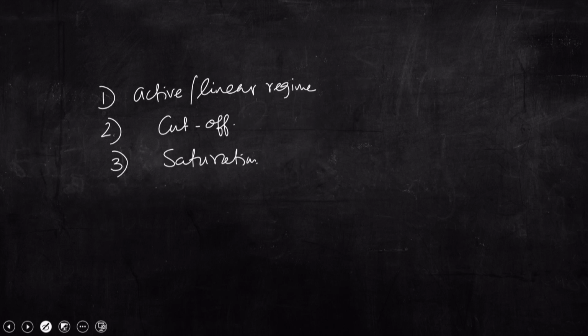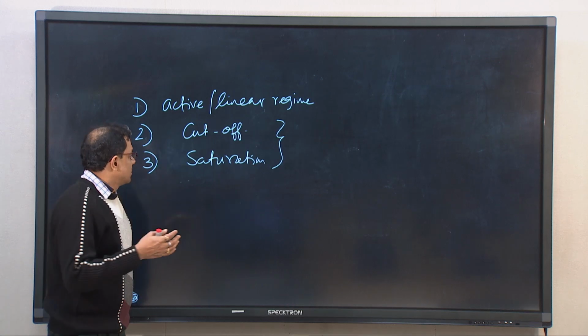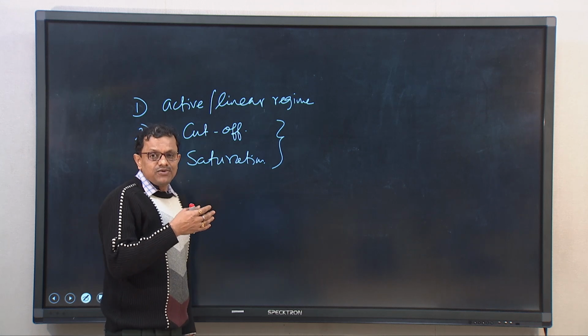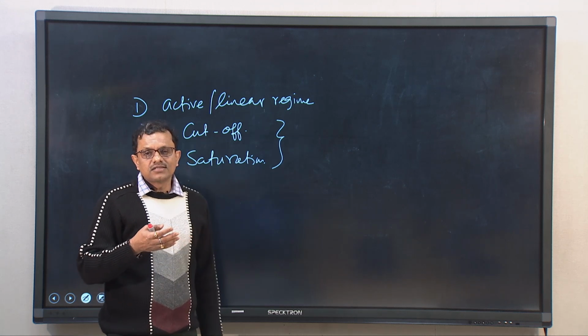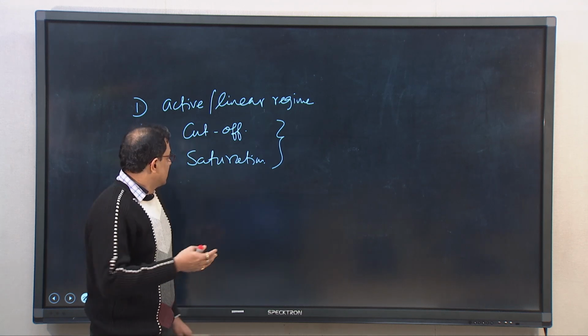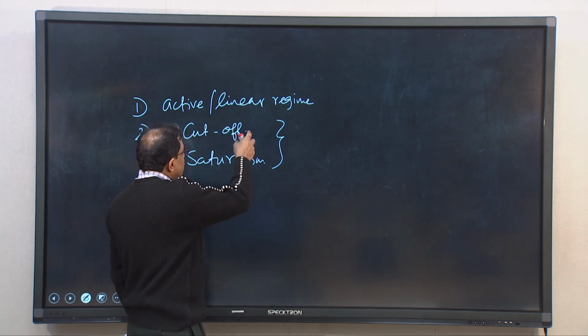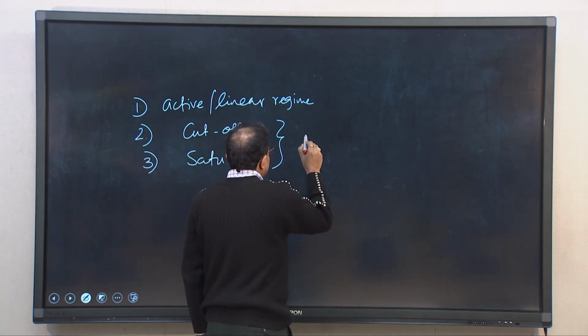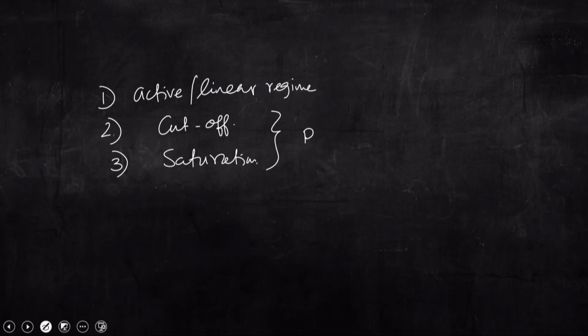This cutoff and saturation: if we try to use the transistor as an electronic solid state switch, then certainly we need to operate the transistor in these 2 regimes, and these 2 zones are responsible for the switch.